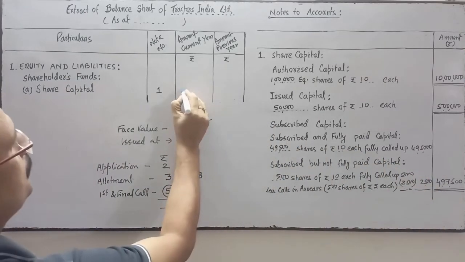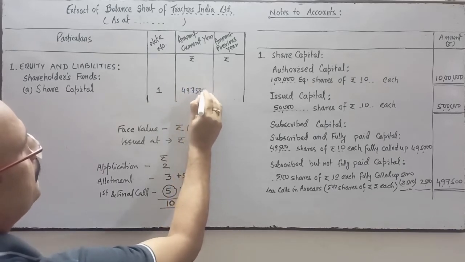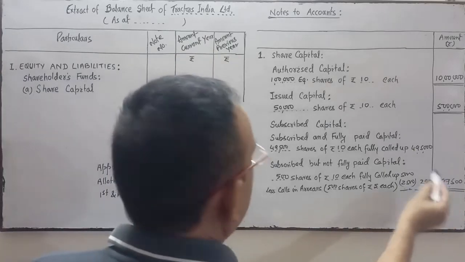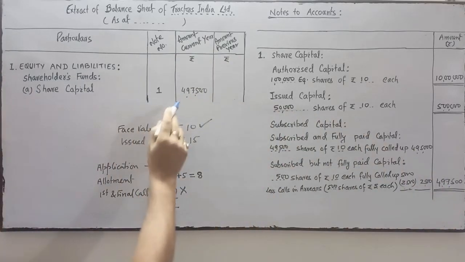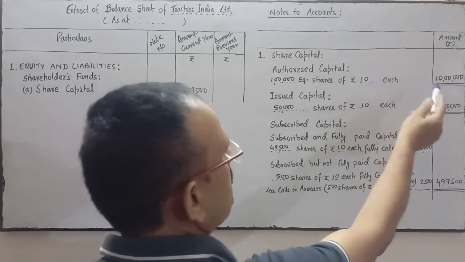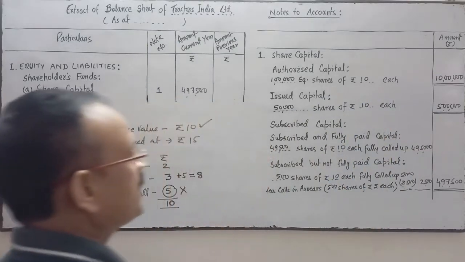So in the balance sheet, this amount 4,97,500, amount of the current year, will reflect under the share capital. Authorized capital is 1 lakh equity shares of rupees 10 each, issued is 50,000 equity shares of rupees 10 each.